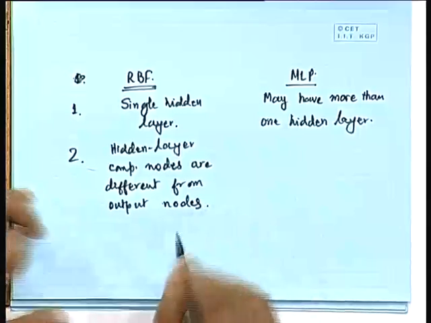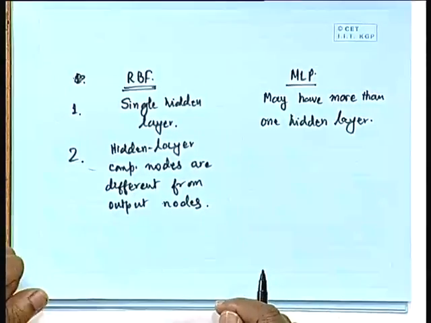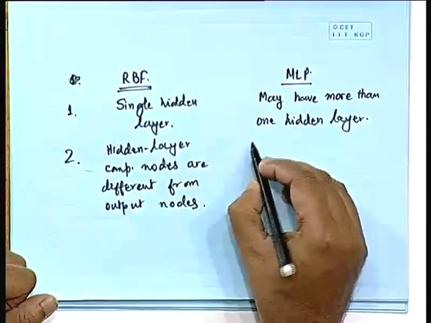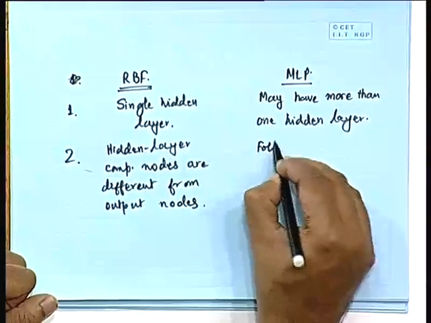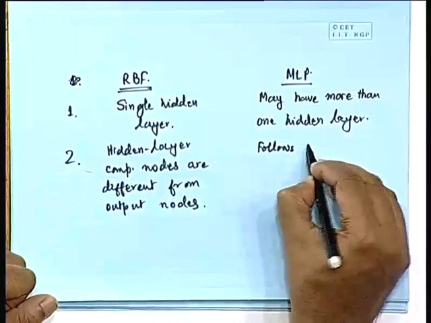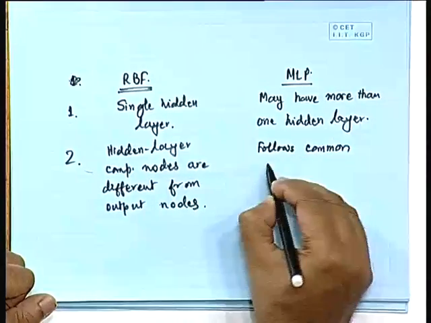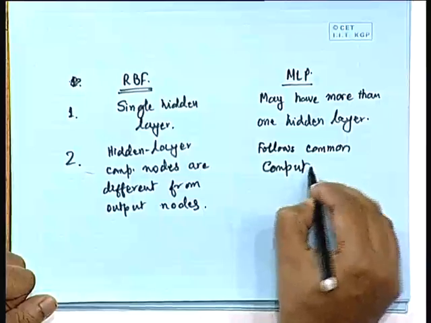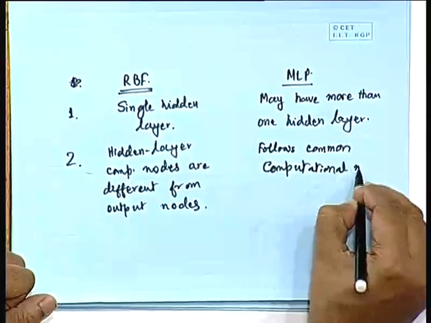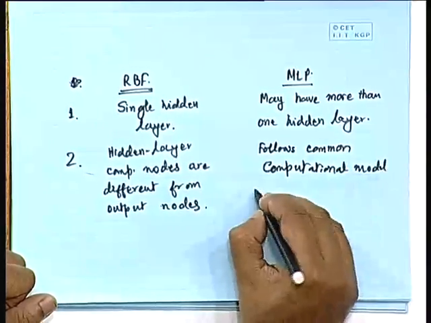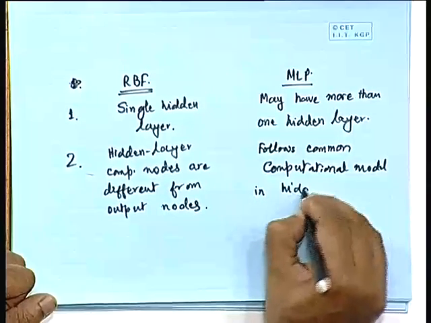That is very much obvious, because in the hidden layer we are using the RBF activation functions, whereas in the outputs we are using linear activations. And in the case of multi-layered perceptrons, it follows a common computation model in hidden as well as output.